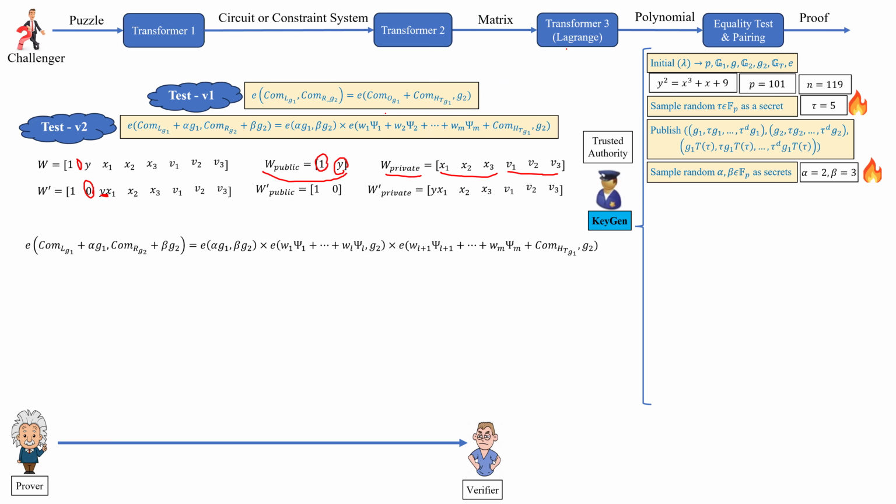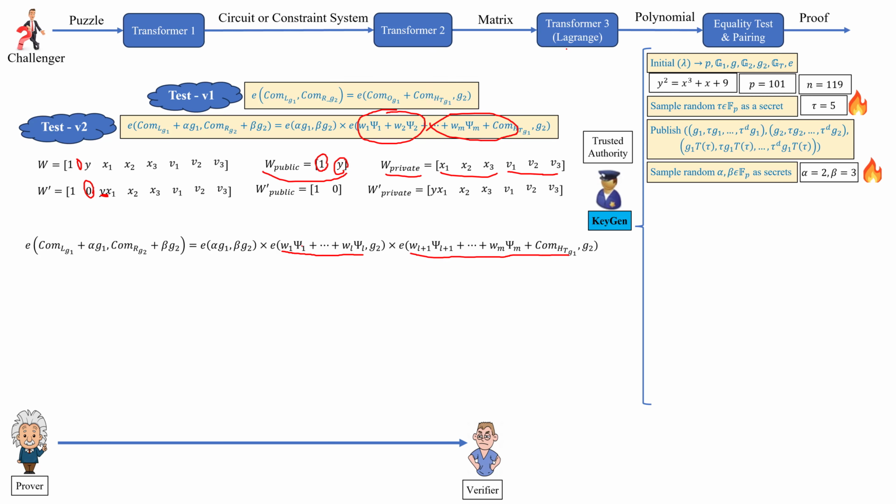We want to consider the public part and the private part, and make the two parts disjoint from each other. Remember, based on the properties of pairing, you can have these two parts disjoint from each other.